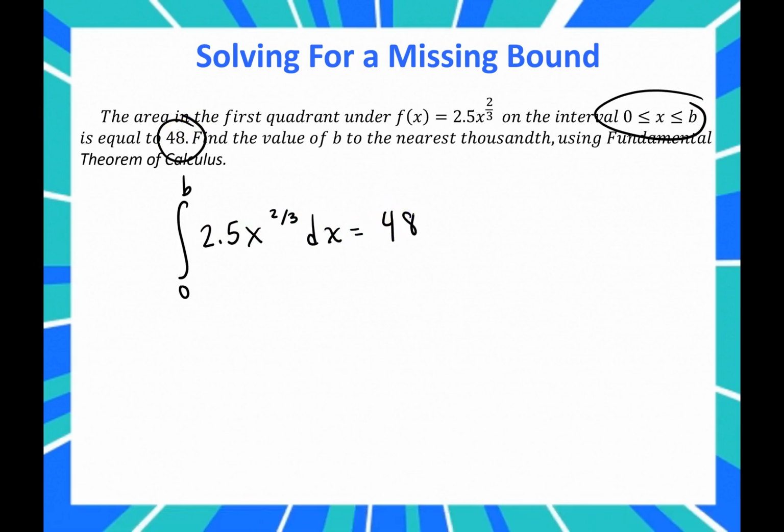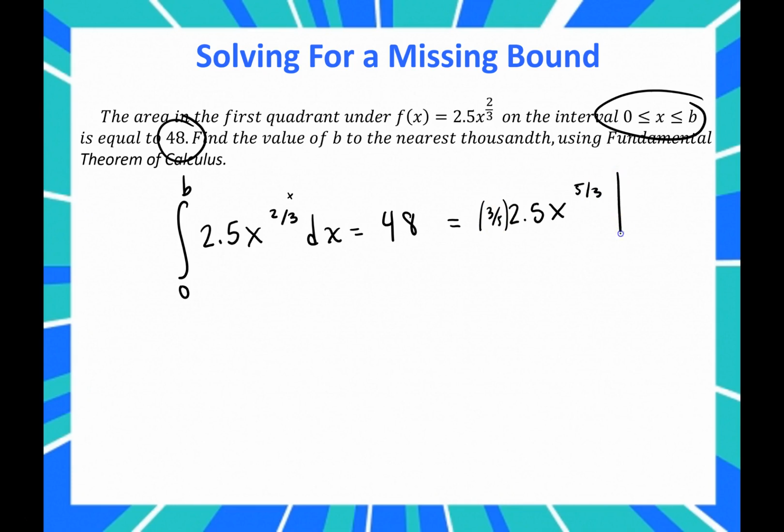All right, let's go ahead and integrate this. So we know that the answer here is going to be 2.5 x to the, we'll add 3 over 3 to this, so that's going to give you 5/3. But then I'm multiplying it by 3/5.